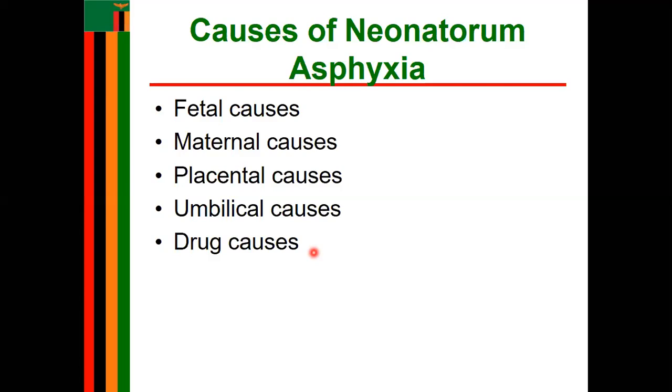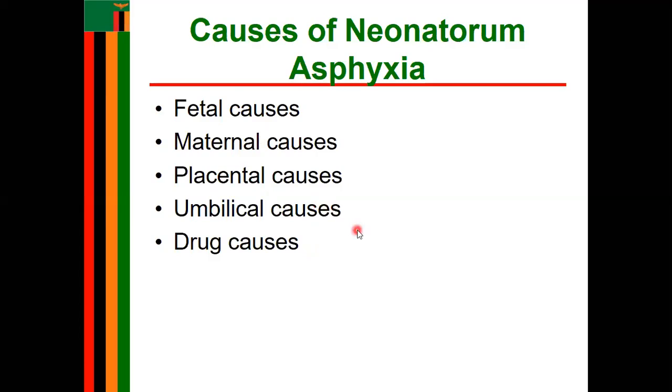And apart from that, misuse of oxytocic drugs in labor may cause asphyxia neonatorum. Remember, oxytocin initiates contractions, so these contractions may even end up impairing oxygen supply to the newborn. So these are some of the causes of neonatal asphyxia, and they have been mentioned in terms of groups.